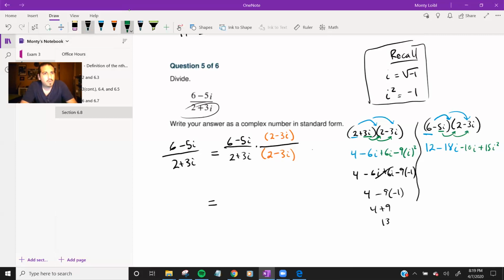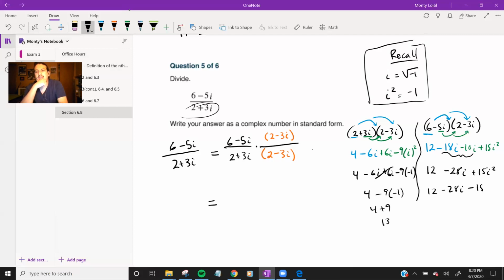So now we can add these two middle terms together. -18i minus 10i is a -28i. Here we got 15i squared. Okay, so 12 minus 28i.